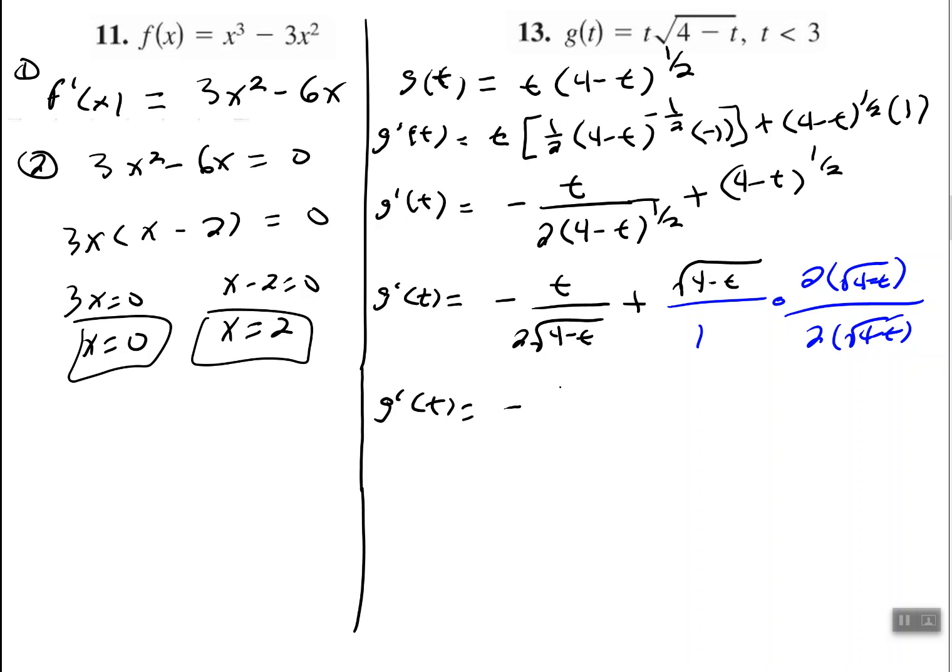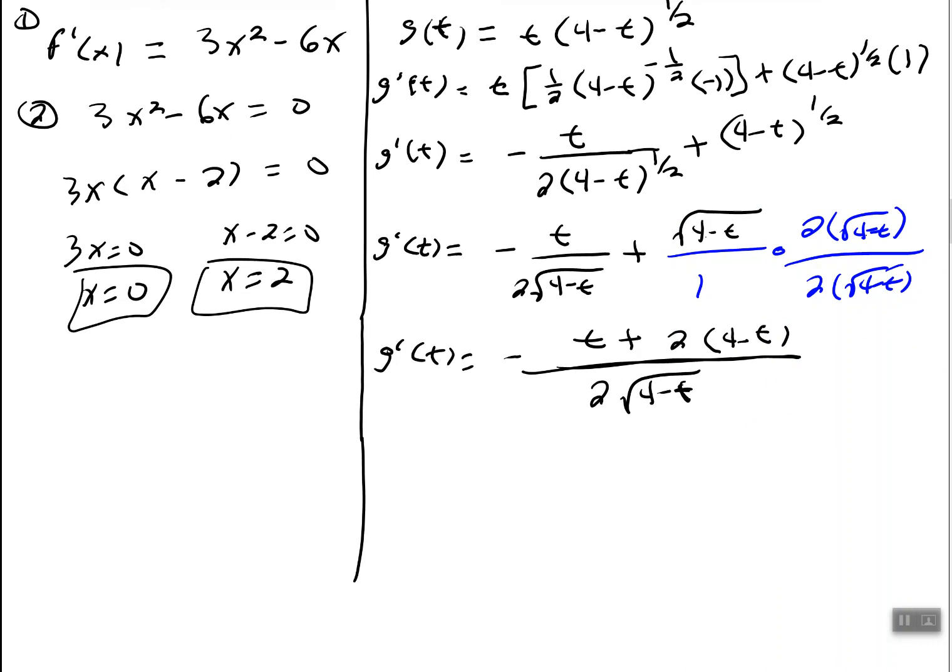All right, so let's see. So now we have the common denominator. So we have negative t, and then plus 2 times, and then the square root of 4 minus t times the square root of 4 minus t is simply 4 minus t. And then in our denominator, we have that common denominator of 2 times the square root of 4 minus t.